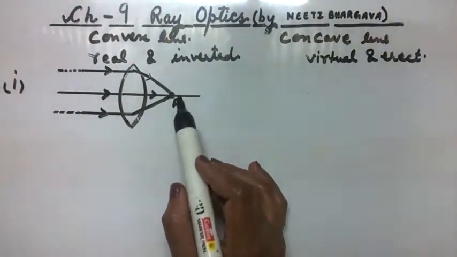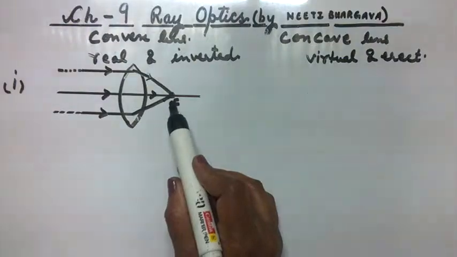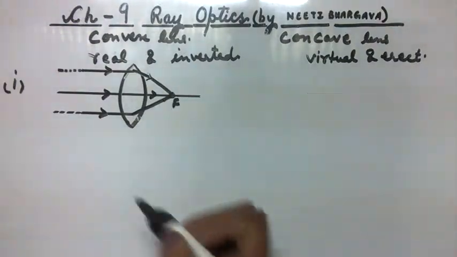Here the image is at focus, real and inverted, and a point image is formed.